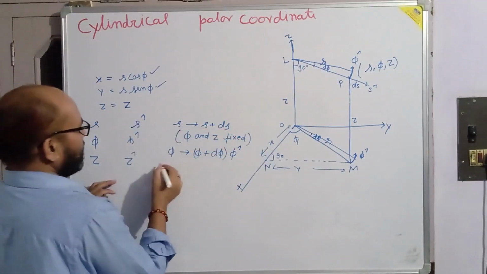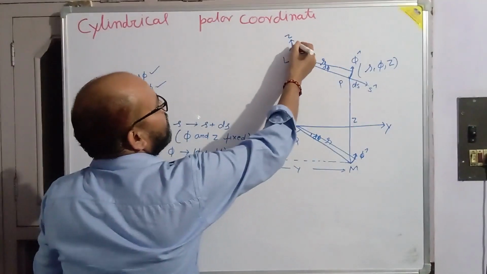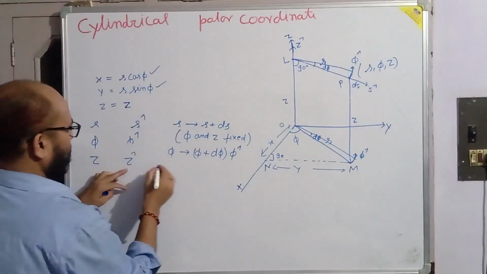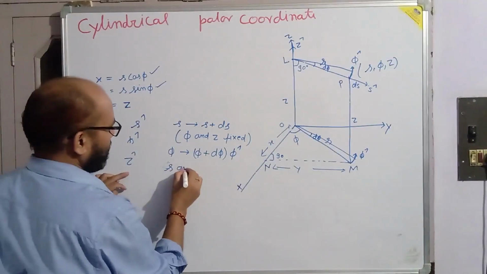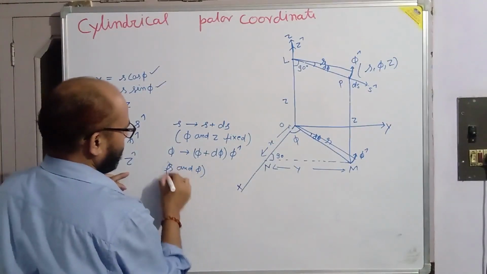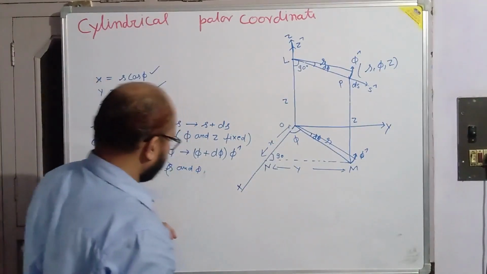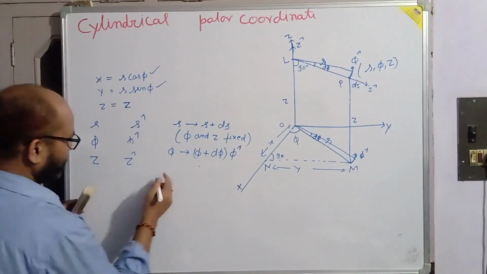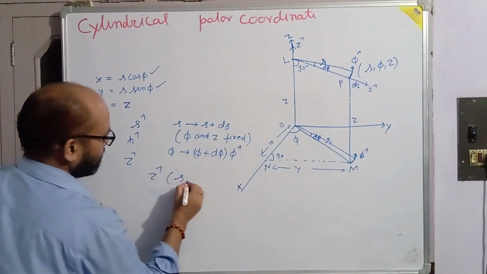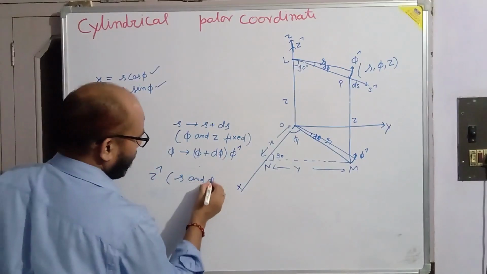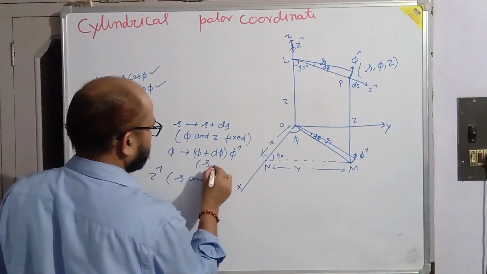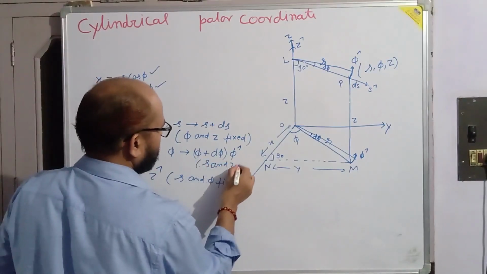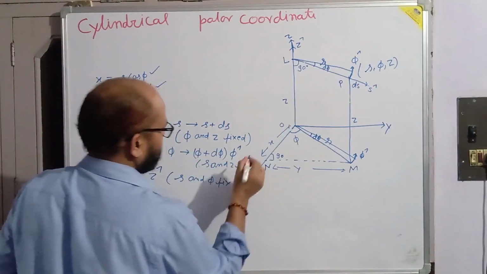Here Z, simply Z cap, where phi and S are fixed. Z cap is the unit vector along increasing Z, with S and phi fixed. Clear?